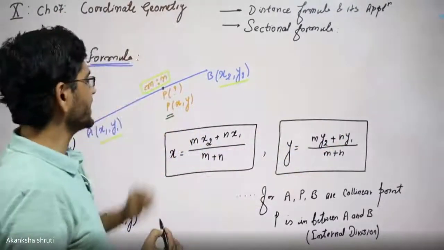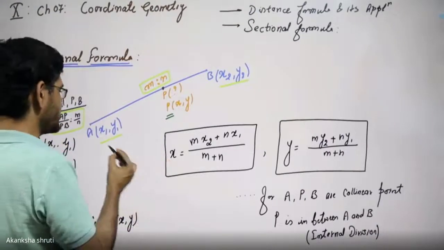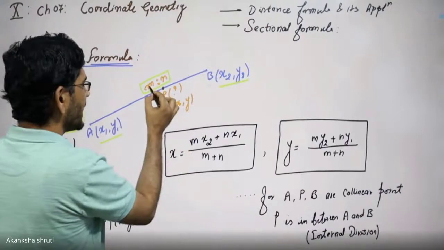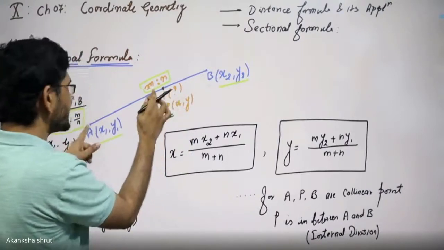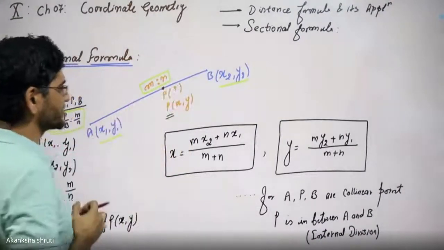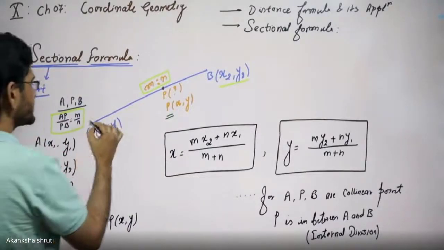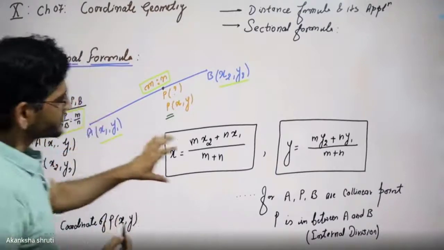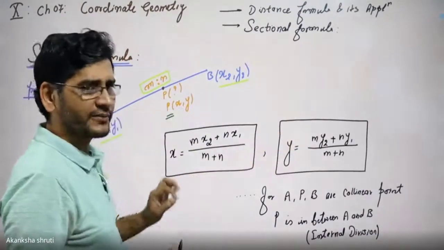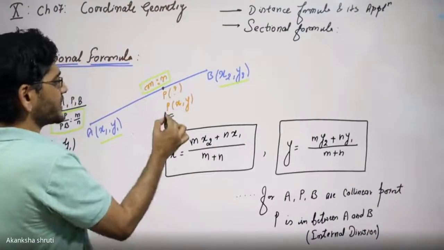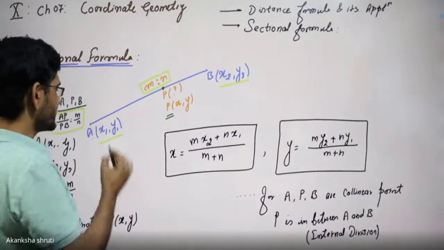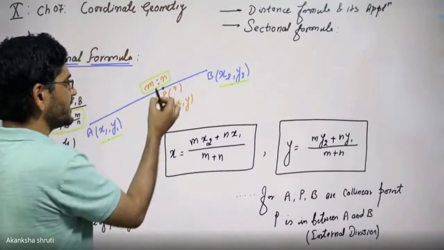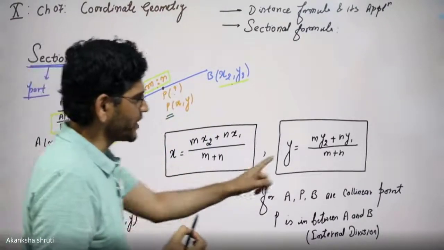Means the coordinate of P can be determined by knowing the coordinates of A, B and the ratio of their sections or the parts. Students, here AP is one section, PB is the other section. That's why this formula is called the sectional formula. So the coordinate of P is related to the coordinates of A, B and the ratio by this formula.